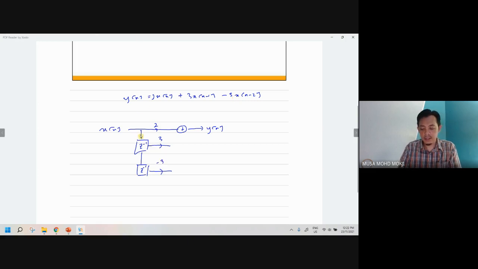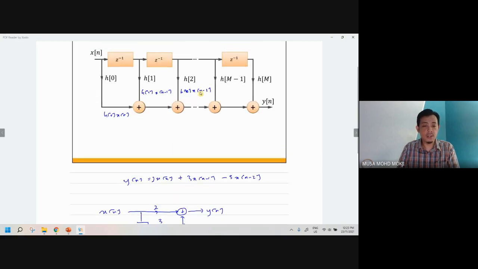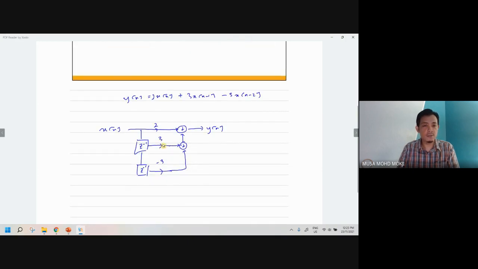So xn goes here, it goes here, xn minus 1, and then goes here, another z, so you have xn minus 2, multiplied, and then all of this we need to sum. We can do that with this symbol, plus, plus. So either you draw it like this, or you draw it like this. It doesn't matter, both are the same.